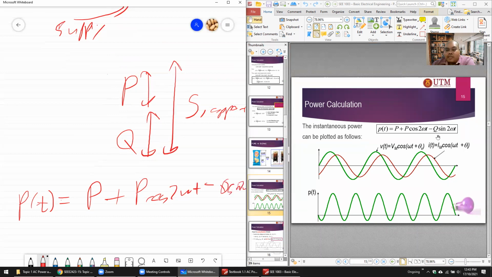This is another formula you can memorize. So p(t) is also P plus 1/2 Vm Im cos(wt plus theta V plus theta I). This is another equation you can use to calculate the instantaneous power.